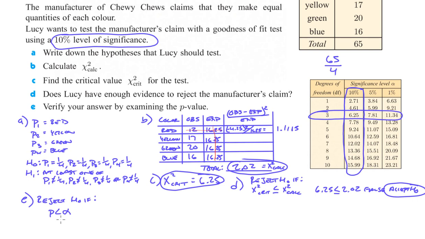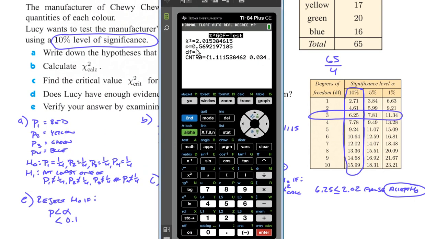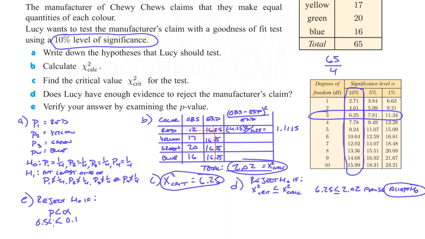So in this case, our level of significance is 0.1, and our p-value should still be on our calculator, and there it is, 0.569. Is 0.569 less than 0.1? That is false. So again, we don't reject H0, so we accept H0.